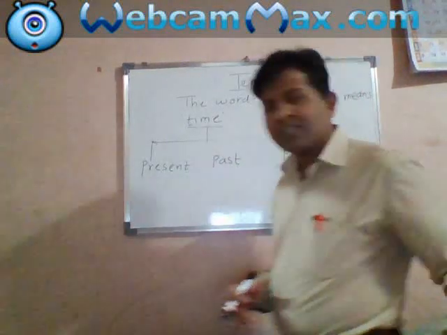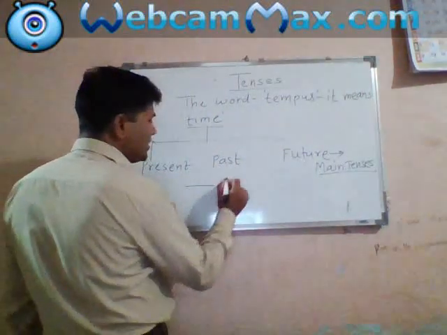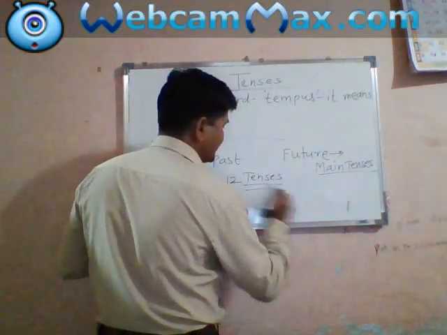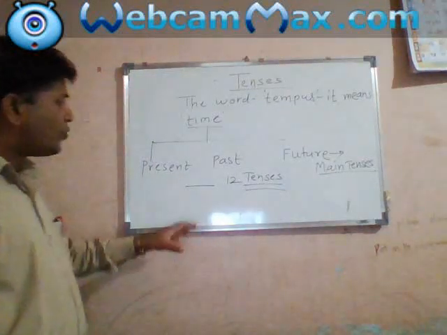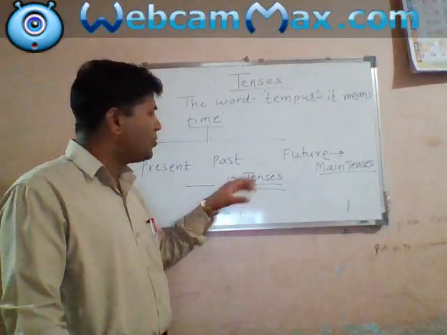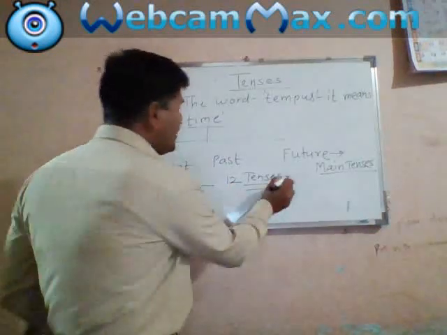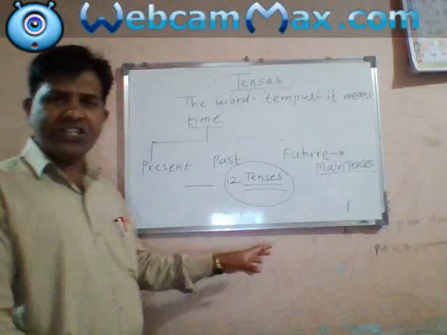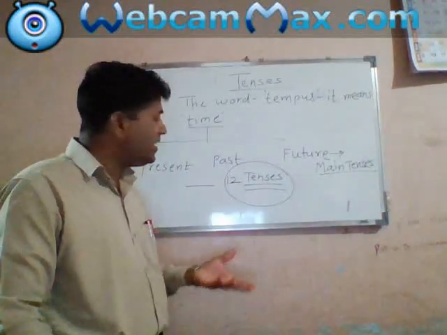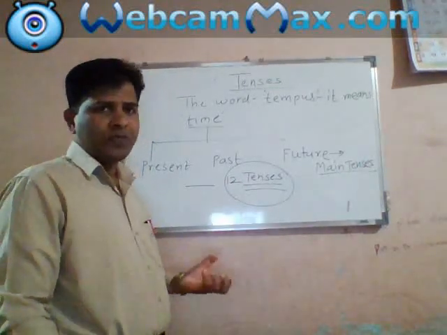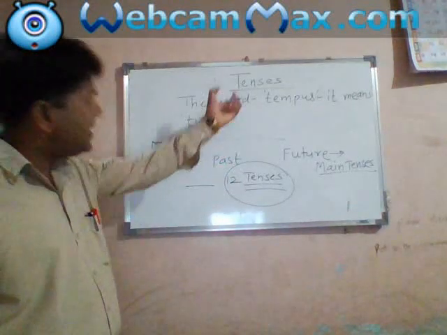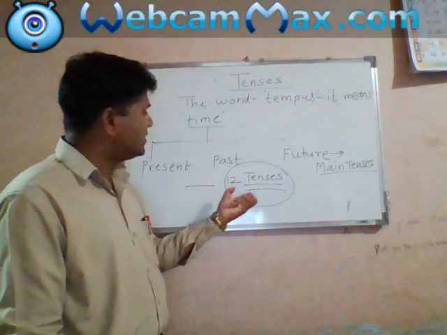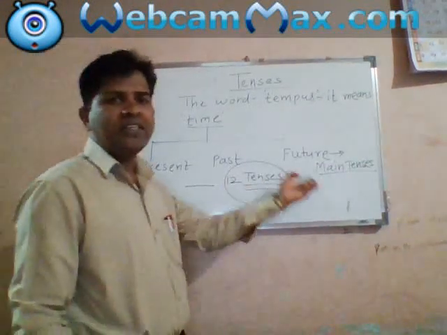It means there are a total of 12 tenses. And when we have mastery over all these 12 tenses, then we can speak English or any language correctly. So in this topic, we are going to learn all these 12 tenses.